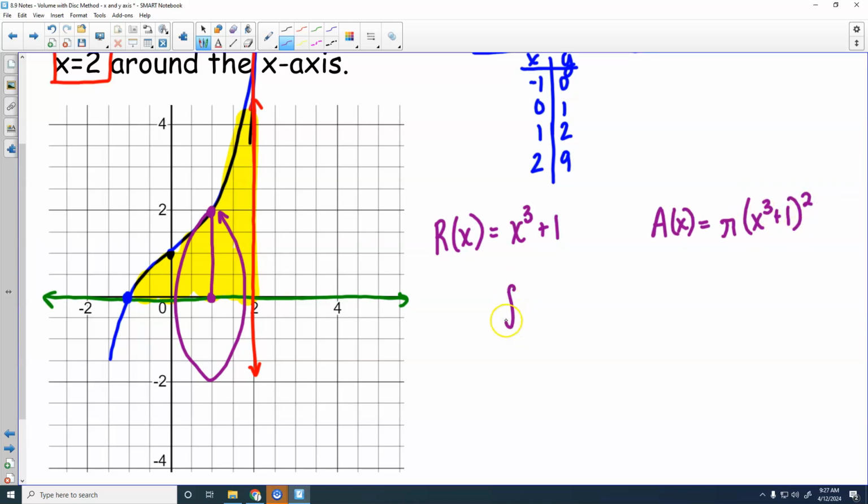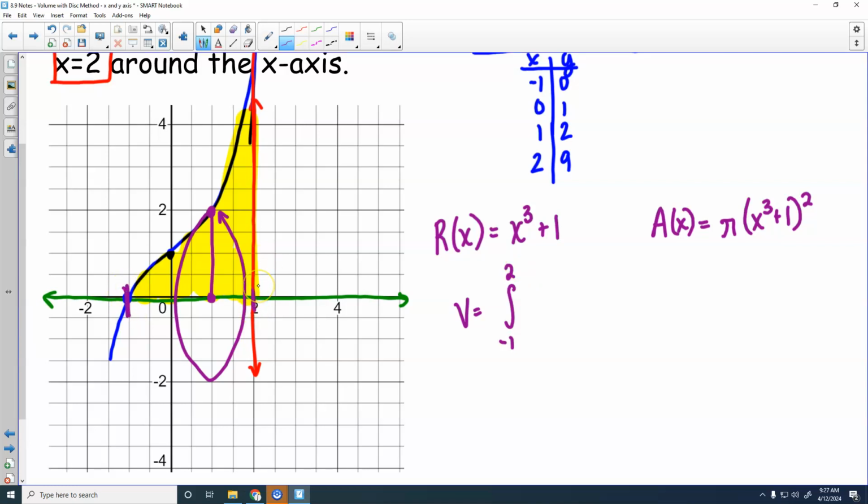And we will need to integrate that. Our volume will equal, we'll integrate it. What should my limits be? -1 to 2.